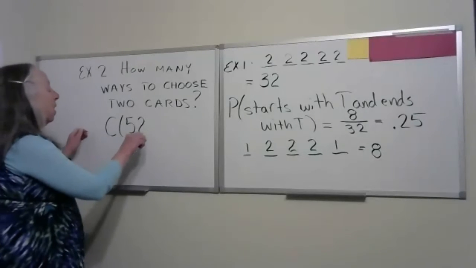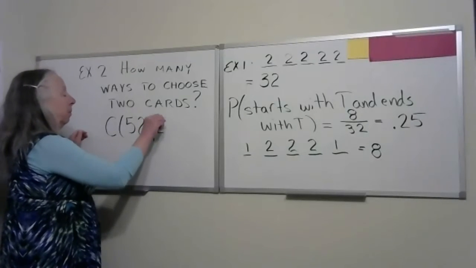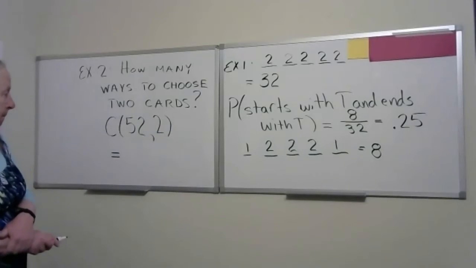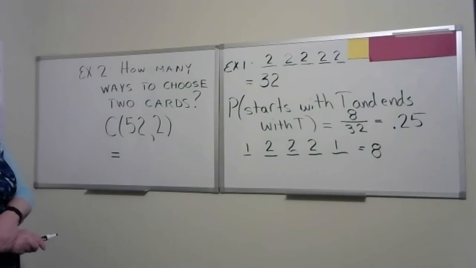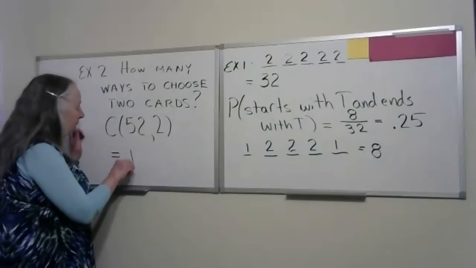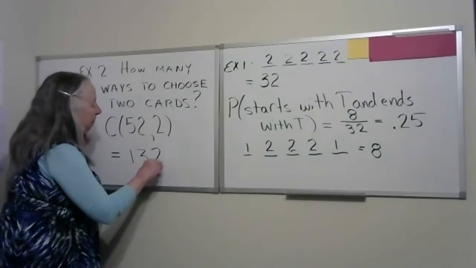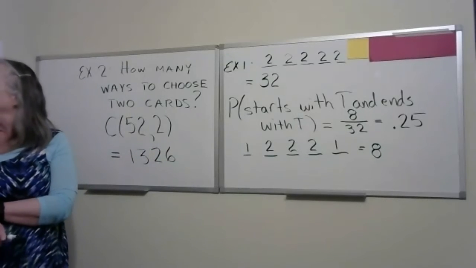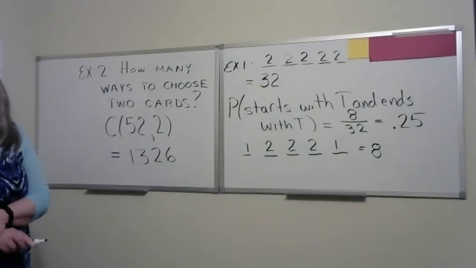So we have 52 cards and we're going to choose 2 of them. Kayla, do you have your calculator handy to do that? Yes, I got 1,326. Everybody good with 1,326? Any questions on that?